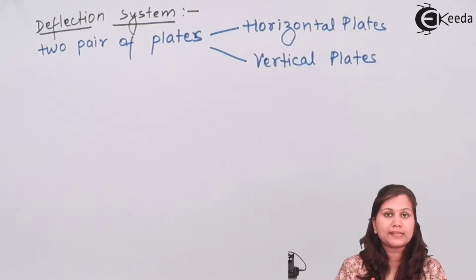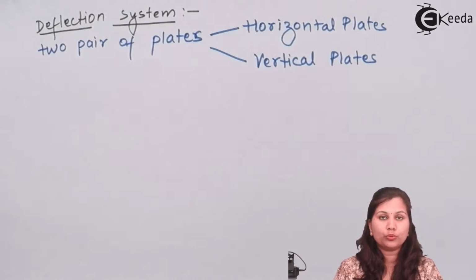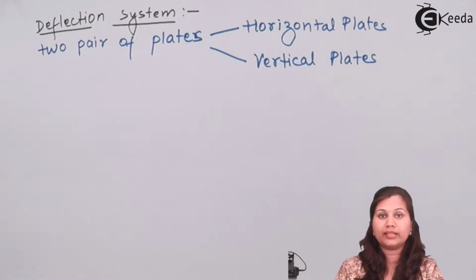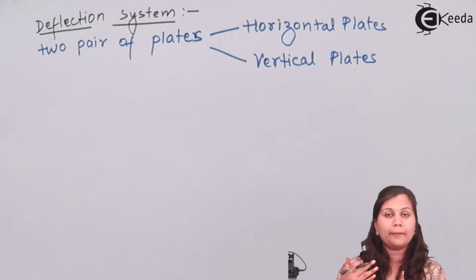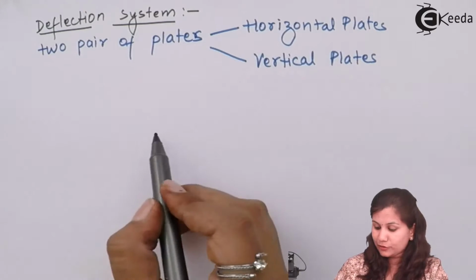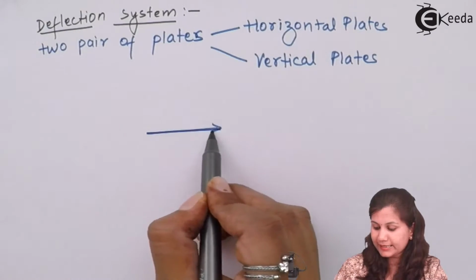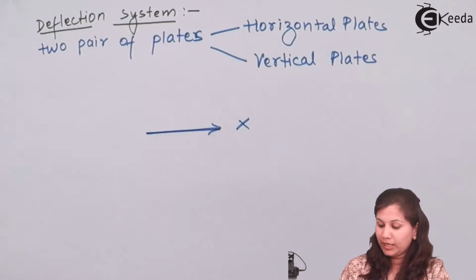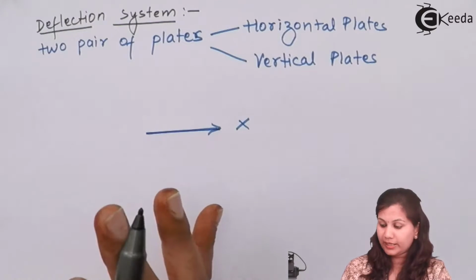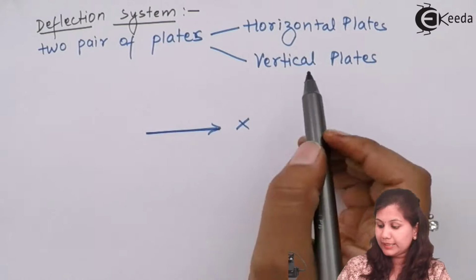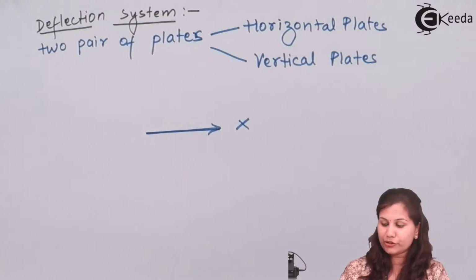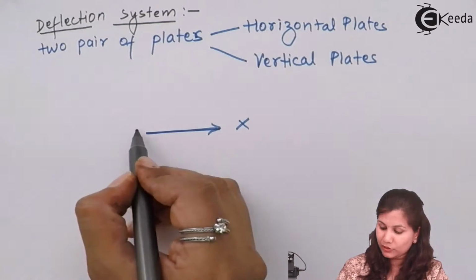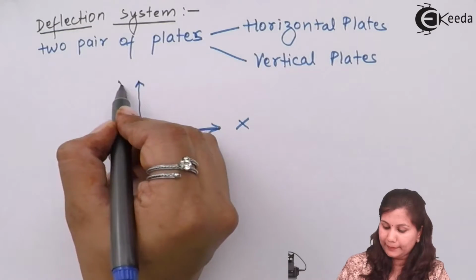The plates which cause the electrons to move in the horizontal direction will be called the horizontal plates, that is the X plates, because they are causing the electrons to move in the X direction, from left to right. The pair of plates which cause the electrons to move up and down, in the vertical direction, will be called the vertical plates, or Y plates.